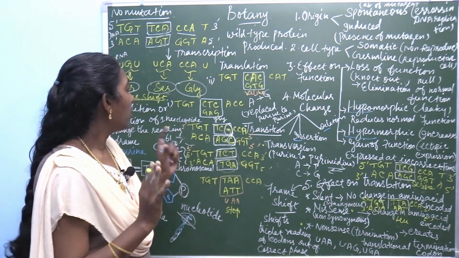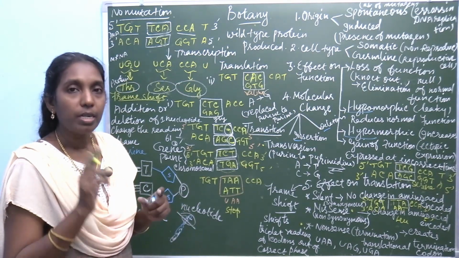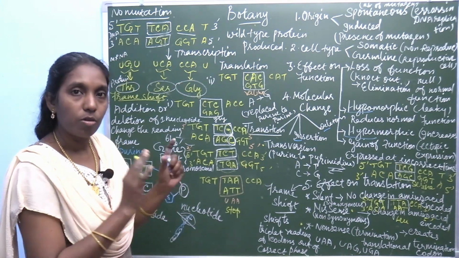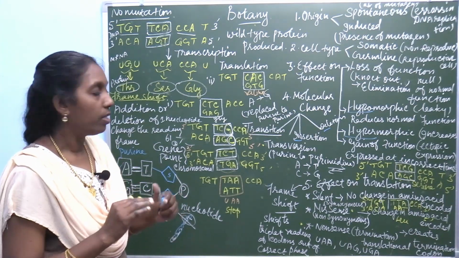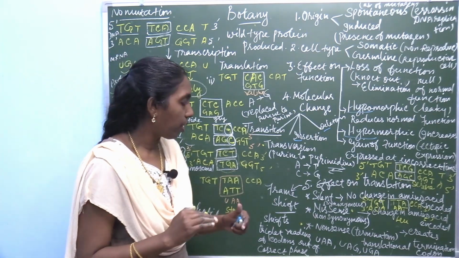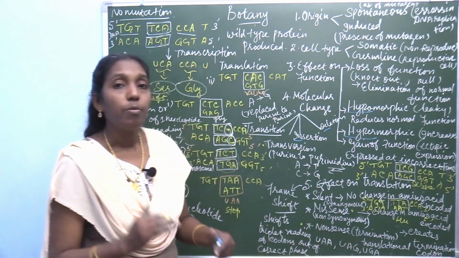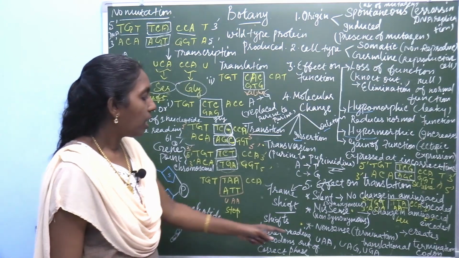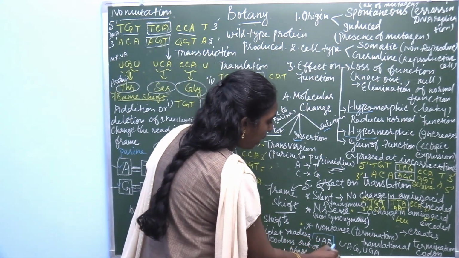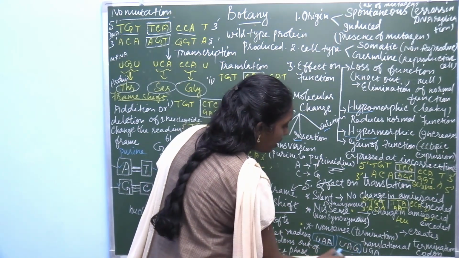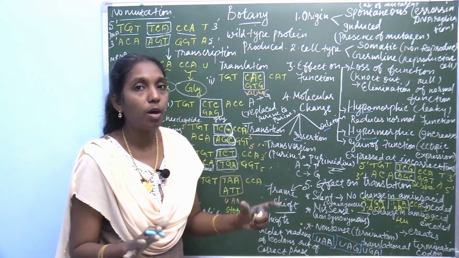There are 64 triplet codons. Among these 64, 61 code for an amino acid and 3 form stop codons, or terminal codons. They are UAA, UAG and UGA. These three are called stop codons.